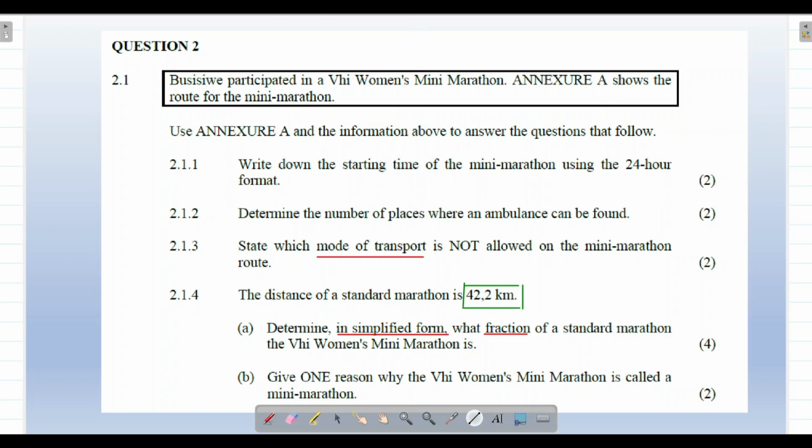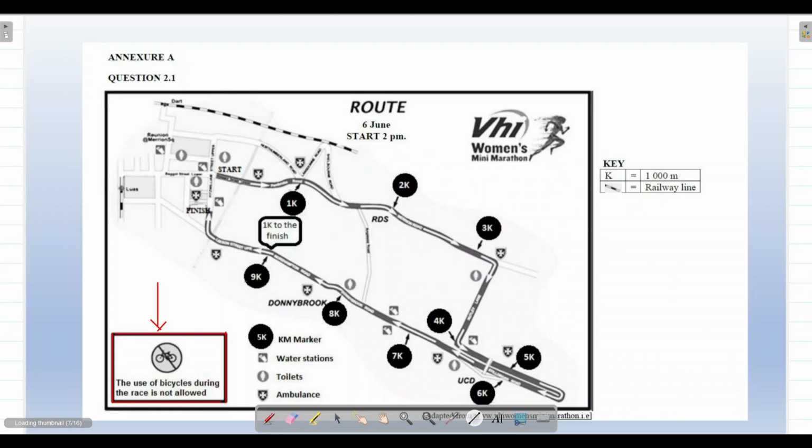But in terms of this V women's mini marathon, the route, the total distance that these ladies will run in this marathon, is how much? So we firstly need to determine that. Once we determine how many kilometers this V women's mini marathon is, we're going to take that route and divide it by your standard marathon, and we're going to take it from there.